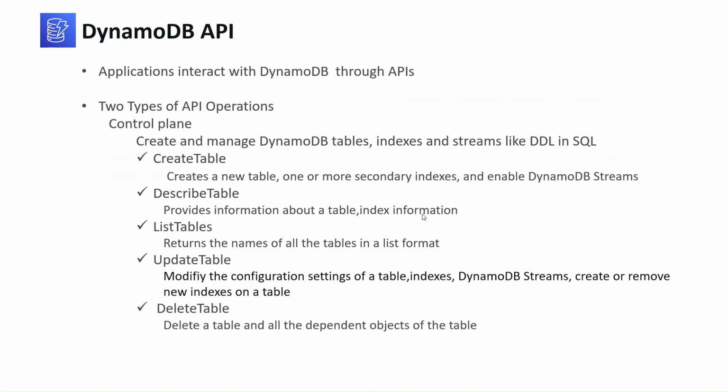The list tables API returns the names of all the tables in a list format. The update table API modifies the configuration settings of a table, indexes, DynamoDB streams, and creates or removes indexes on a table. The delete table API deletes a table and all dependent objects of that table.